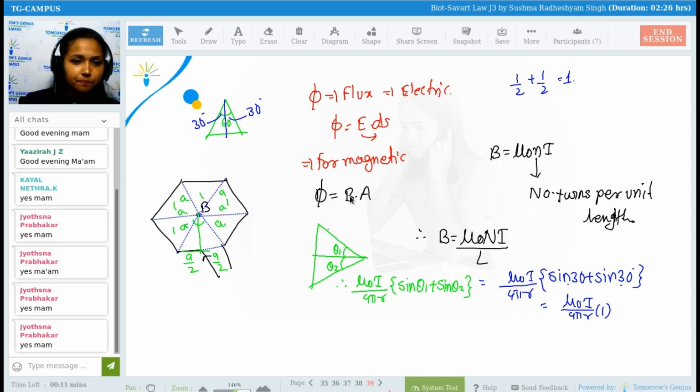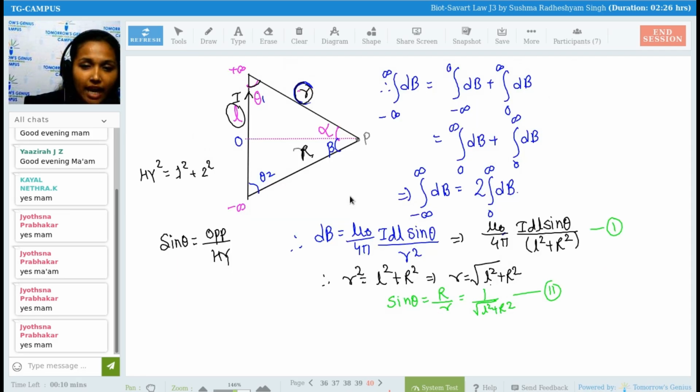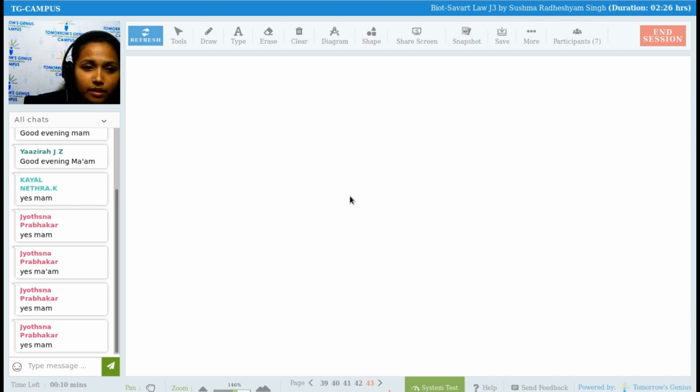First of all, clear this point? Yes, ma'am. Clear. Okay. Now see, the distance in the question is not given. It is asked at the center. So if we take a distance, at that time we know what is the actual distance. So we should calculate like this. If this is your distance, this is your triangle, this is your A, this is your A, this is your A by 2.